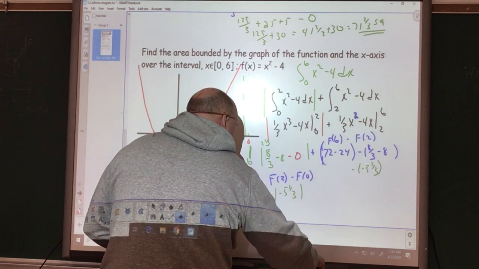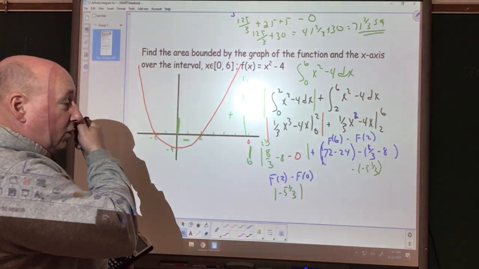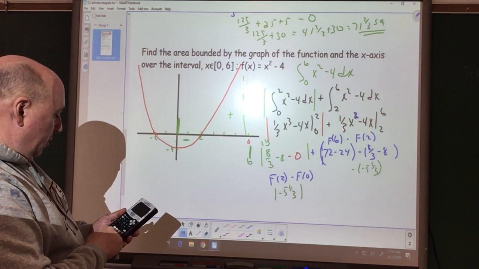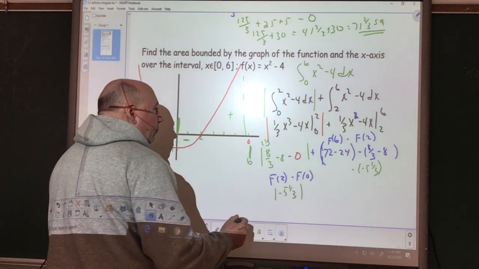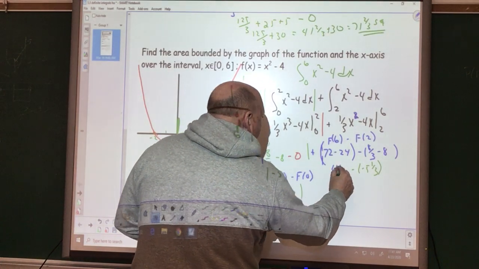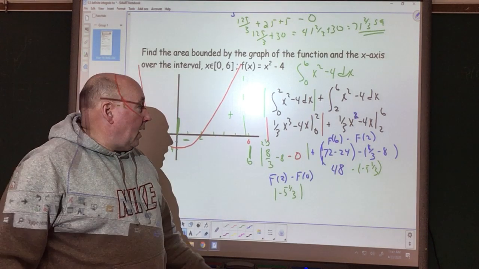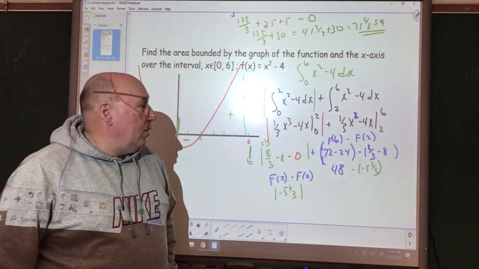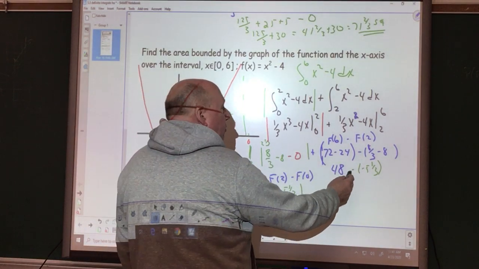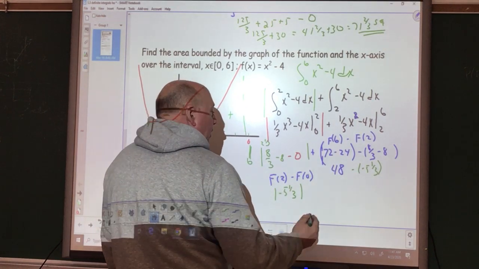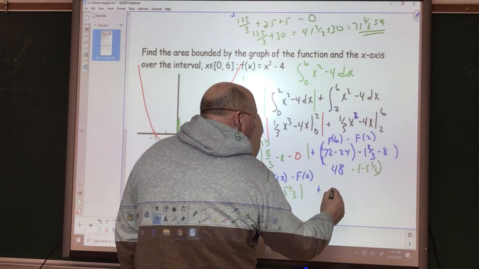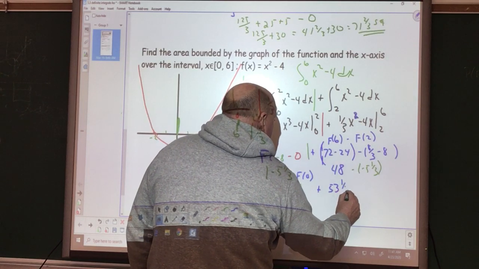So I have 72 minus 24, so we have 48. 48 minus negative 5 1/3. Once again we have to watch minus a negative. That gives me a positive, so we have a plus 5 1/3, which is 53 1/3.